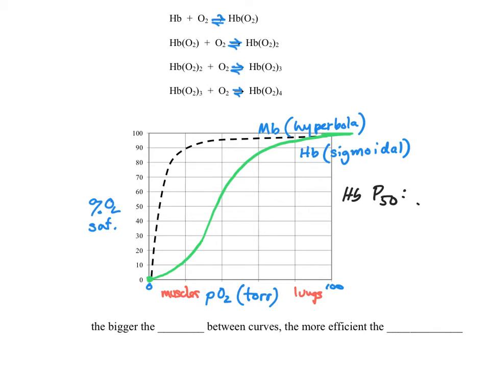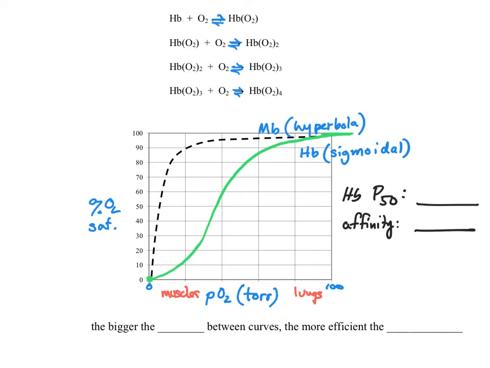What is the P50 for hemoglobin? And let me ask you this follow-up question. What does that say about the affinity of hemoglobin versus myoglobin? Does myoglobin bind tighter than hemoglobin, or does hemoglobin bind tighter than myoglobin? Let's see what you come up with. Pause for a moment.